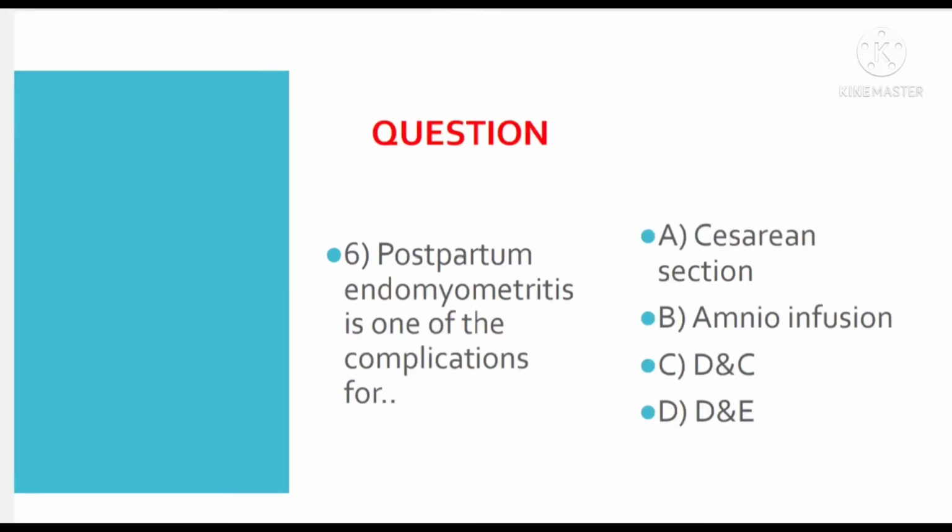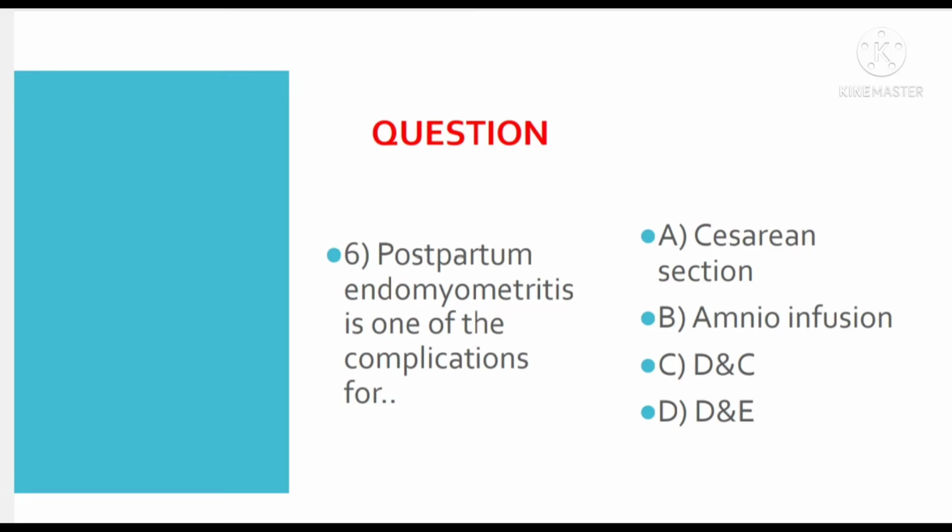Next question, question number 6. Postpartum endomyometritis is one of the complications of: option A Cesarean section, option B amnio infusion, option C D and C, and option D D and E. D and C is dilatation and curettage, D and E is dilatation and evacuation.